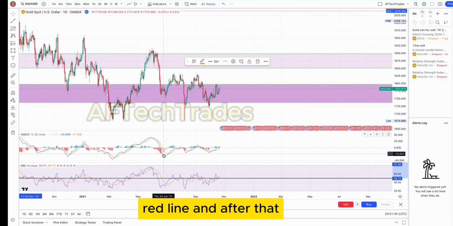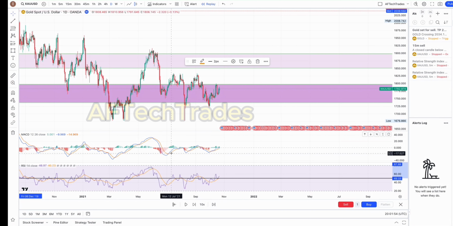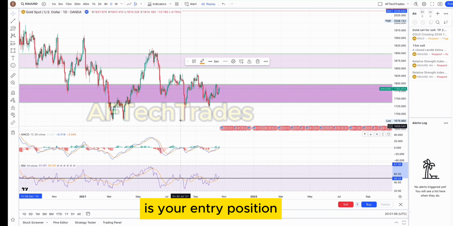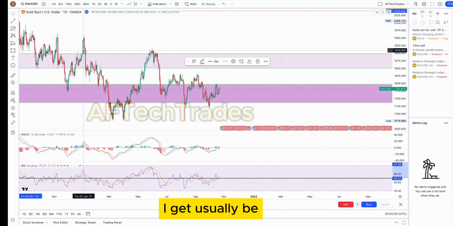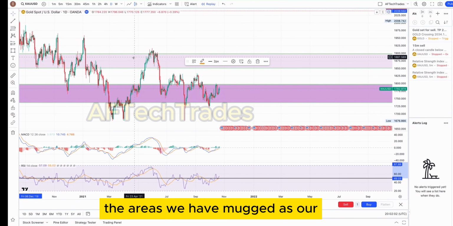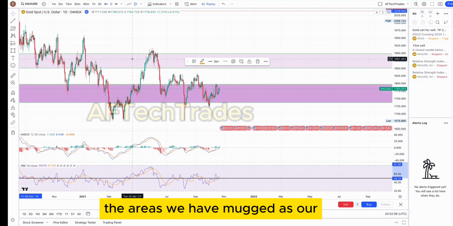After that, mark that and wait for its break. When it breaks it, the first candle that breaks that zone on the MACD is your entry position, and your take profit target will usually be the areas we have marked as structure on our charts.